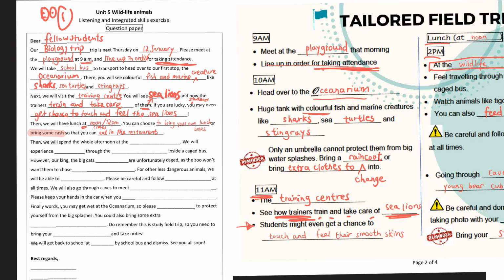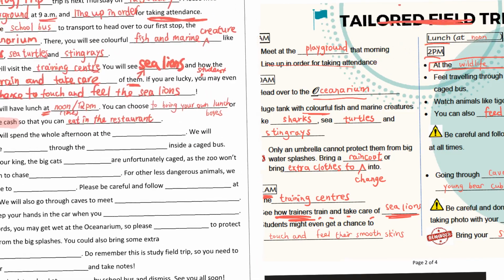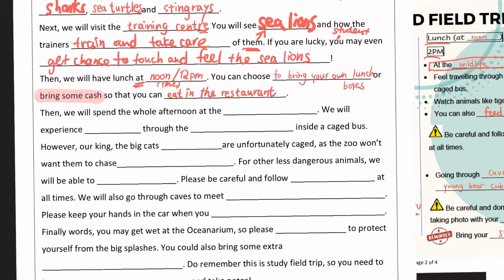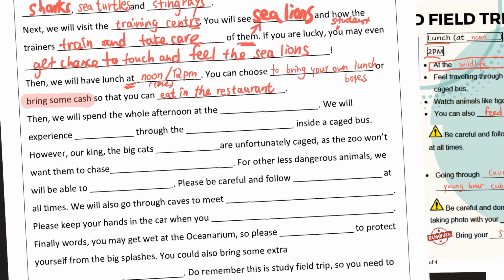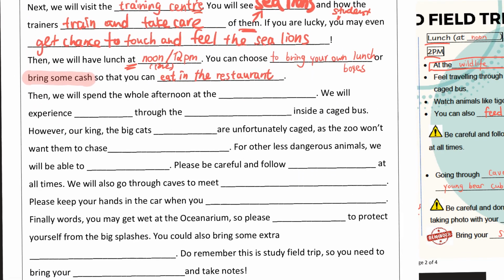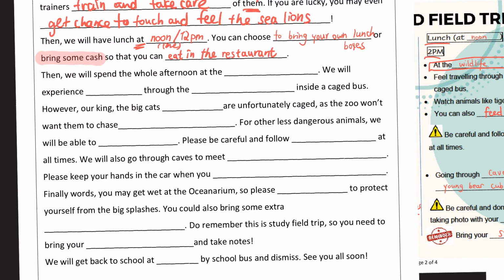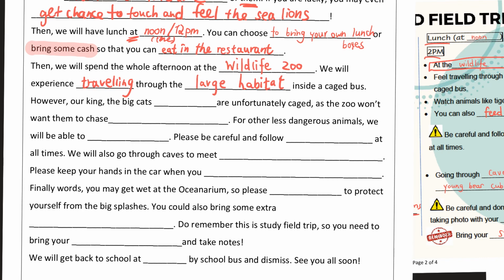You can already see the answer. Nice and clear. Look at here. It is basically the same. We will spend the afternoon at the wildlife zoo, and then we will experience inside a cage bus. Everything is the same. So I'm going to copy, and we'll end it. Okay, so I have finished copying from here to here.